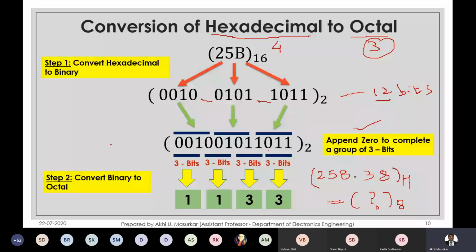So how will you solve this? See, 25B is already here. 25B point 38. We already know what this 25B is: 1133. Now all we need to look at is this side. So 3 is going to be 0 1 1, and 8 is going to be 1 000.